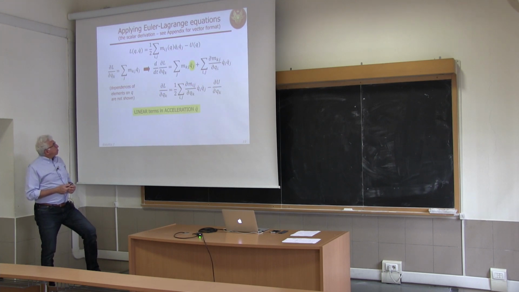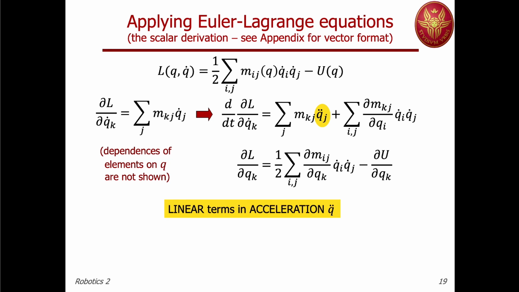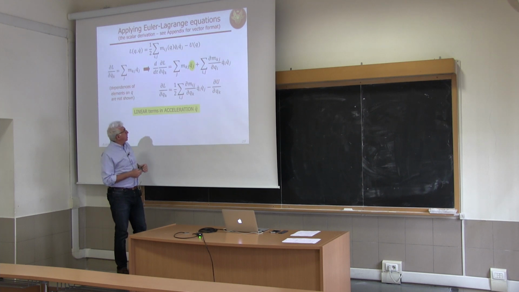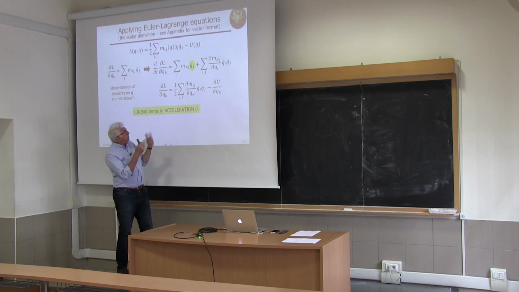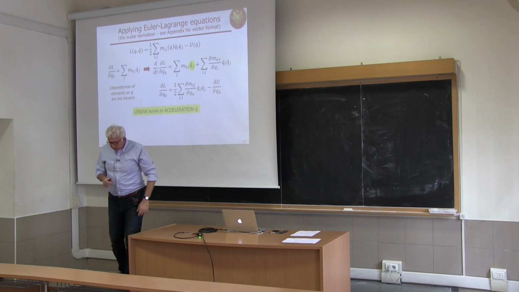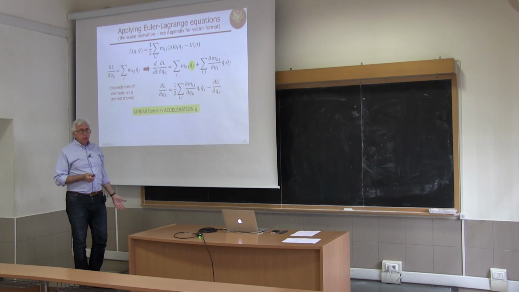Now, this is everything you need because the Euler-Lagrange equation will be this term minus this term equal to u_k, the non-conservative forces doing work on qk, and k goes from 1 to n, all the generalized coordinates. If you look at the individual terms, you will see that the model, the left-hand side of our Euler-Lagrange equation, will always be linear in the joint acceleration.